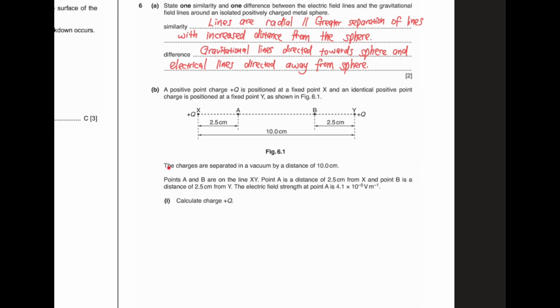So continue here. The charges are separated in a vacuum by a distance of 10.0 cm. Points A and B are on the line XY. Point A is a distance of 2.5 cm from X, and point B is a distance of 2.5 cm from Y. The electric field strength at point A is 4.1 times 10 to the power of negative 5 volt per meter.